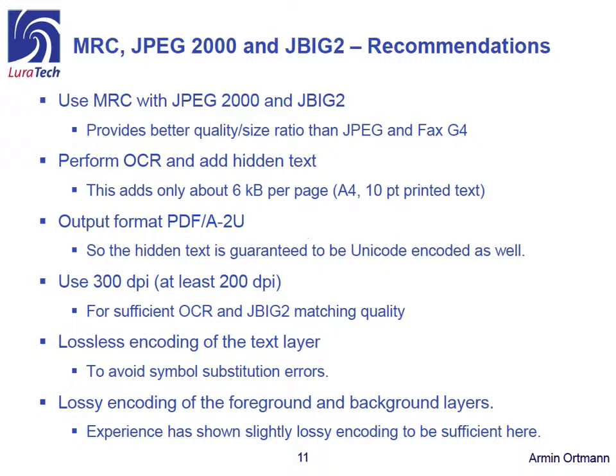That's our experience. We also recommend lossless encoding of the text layer, so setting the JBIG2 to lossless. We have rare cases where the symbol matching makes kind of dubious decisions. Classic effects are that a 0 becomes substituted by an O, or for example, in certain fonts, the letter l, the small l, is very similar to the printed numeral 1.